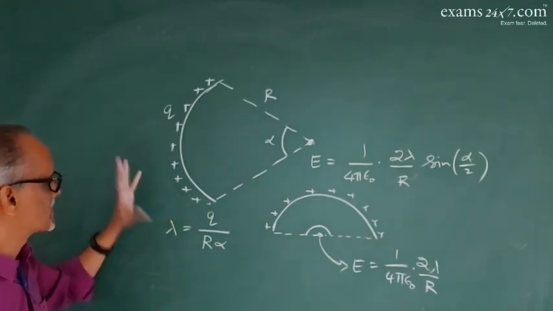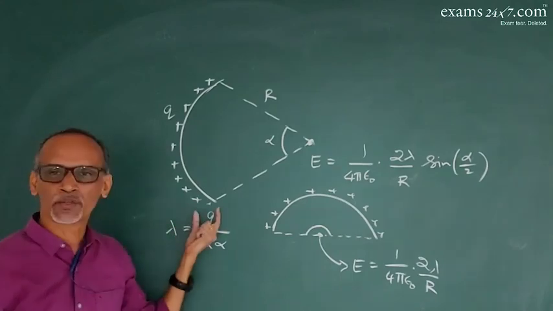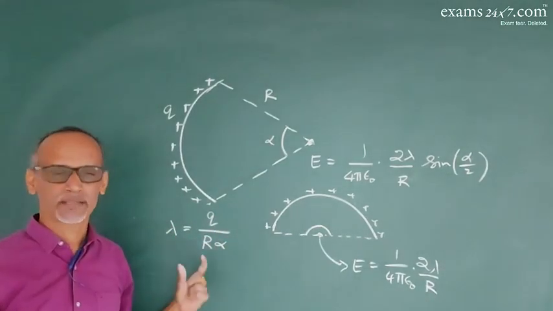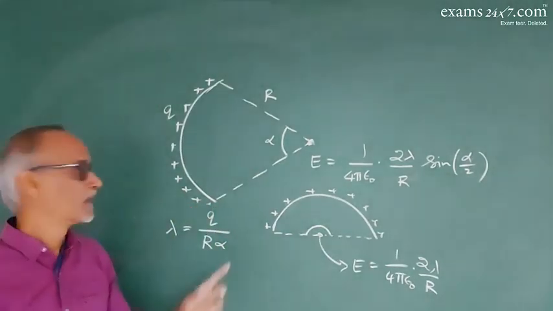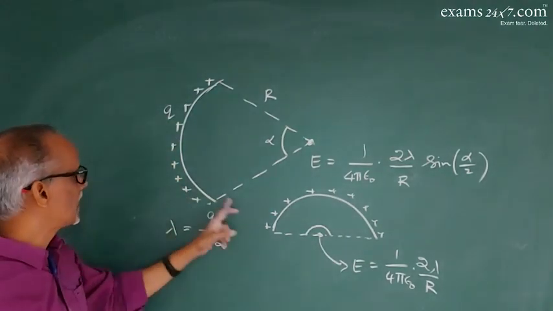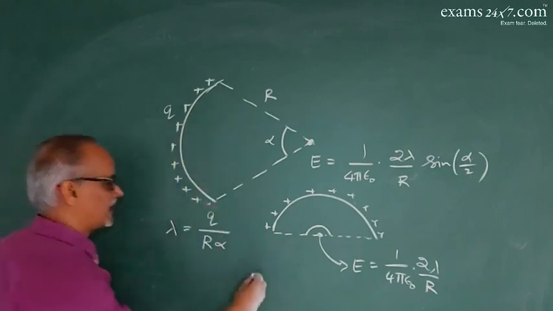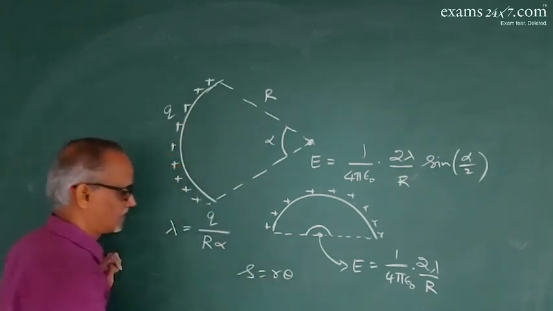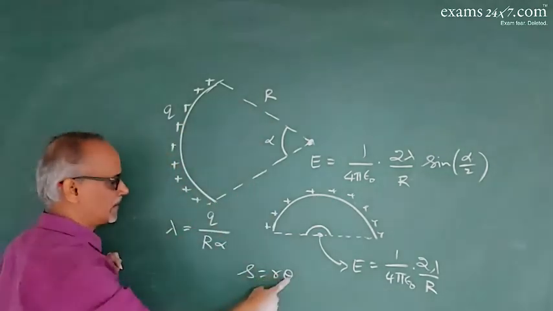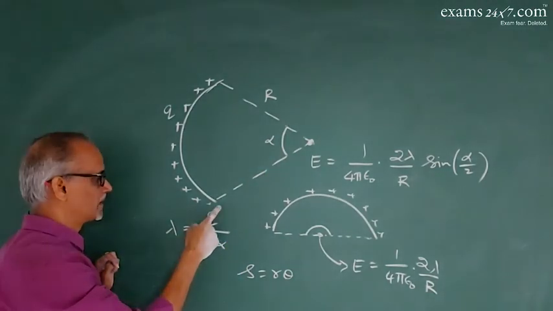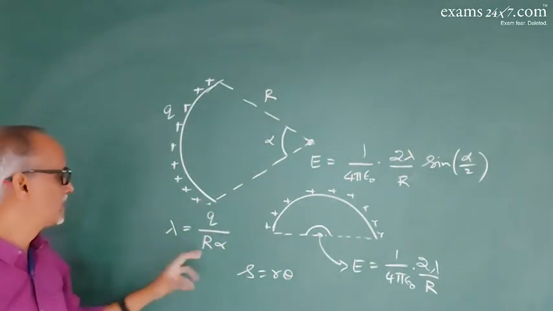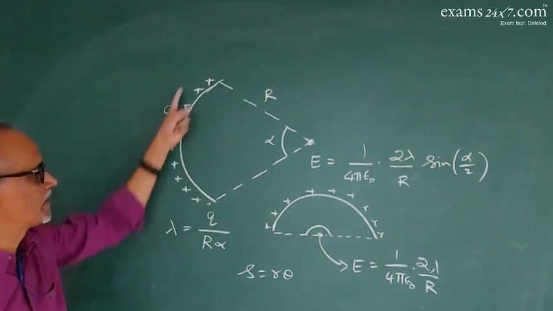Suppose it is a straight conductor, then we write lambda is equal to Q by L. But for the arc length, it is R into alpha. So we use arc length S is equal to R theta, where R is the radius here and theta is nothing but alpha. That's why it's Q by R alpha, the method by which we find the linear density of an arc.